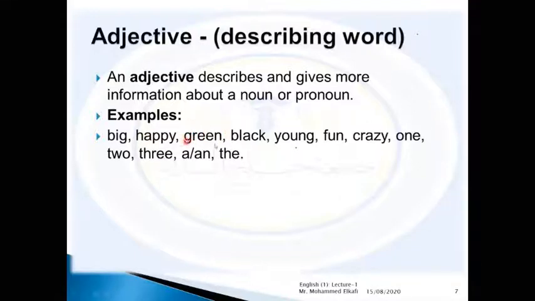Green: green house, green blouse. Black jacket. Jacket is a noun and we use black to describe it. It tells us about the color.